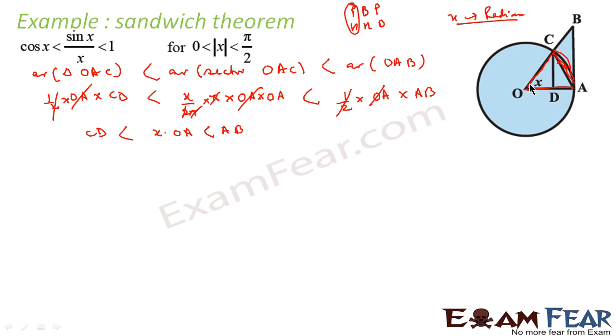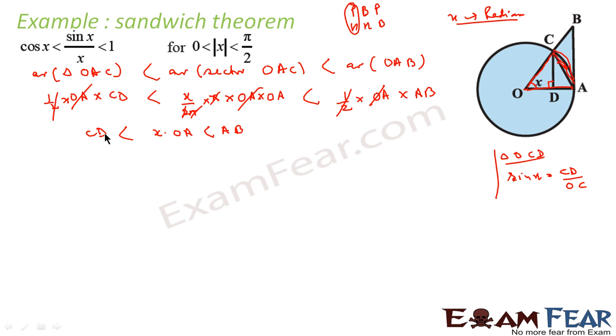So in triangle OCD, sin x is nothing but P, that is CD, because this is the angle x, this is 90 degrees, and P is CD by H is OC.